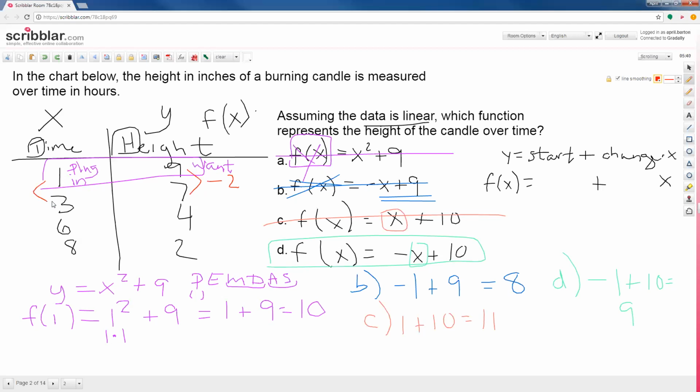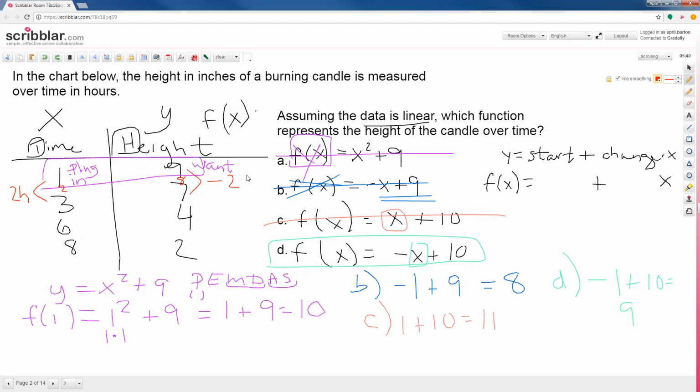But that's for a 2-hour time period. We want that amount of change to be just for a 1-hour time period. So if we change by 2 over 2 hours, how much are we going to change by over 1 hour? Subtracting by 1. Yep, so 1 hour of change would be subtracting by 1.